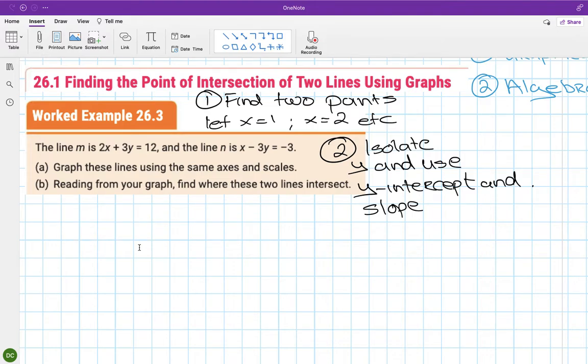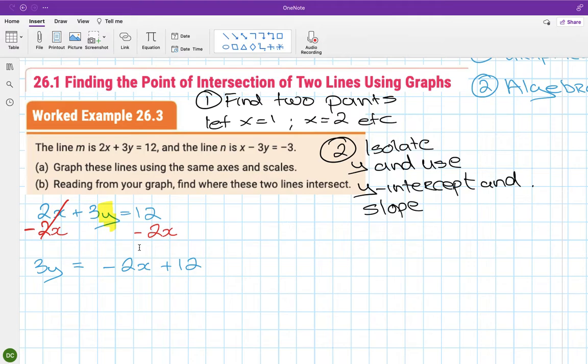So at the moment I have 2x plus 3y equals 12, and I want to isolate this y here. The first thing I'm going to do is minus the 2x and minus the 2x, and that gets rid of that. So now I have 3y equals minus 2x plus 12. I can't combine them because they're not in the same family.